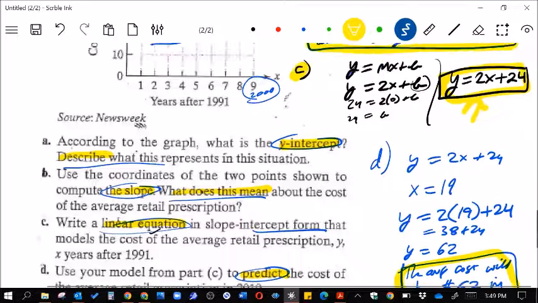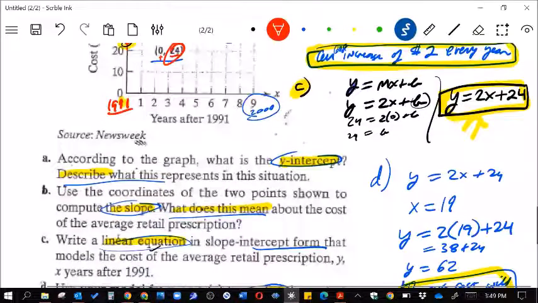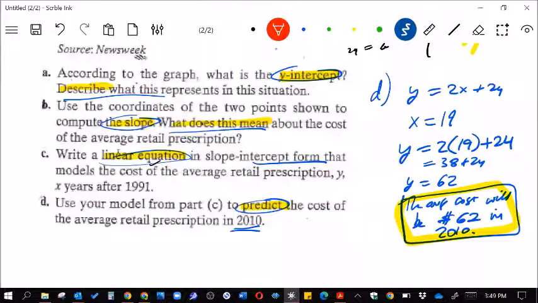And it will have gone up from $24 for the average prescription cost in 1991. Right there, 1991. So from $24 up to $62. That's not quite triple, but it's more than double and closer to tripling than doubling.